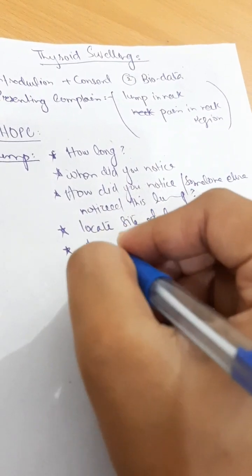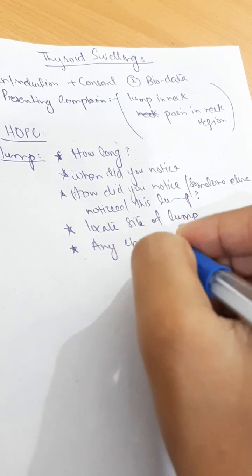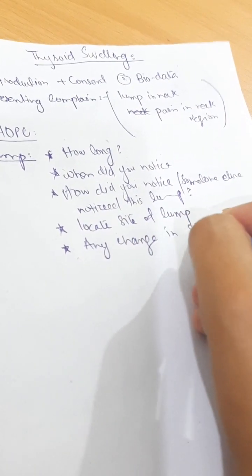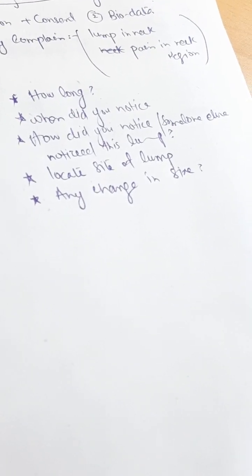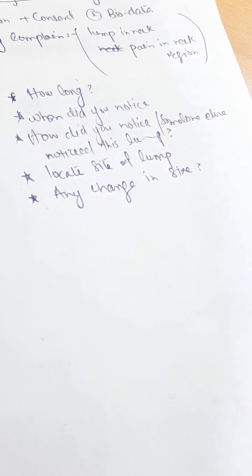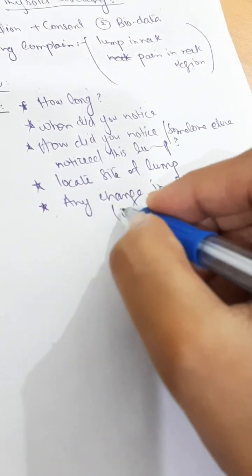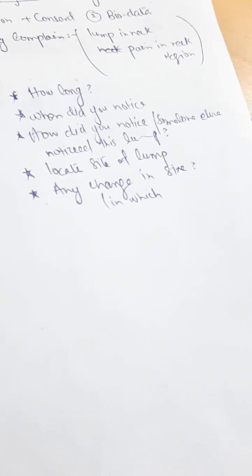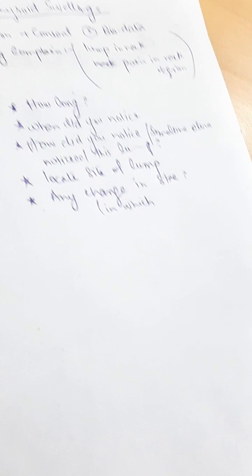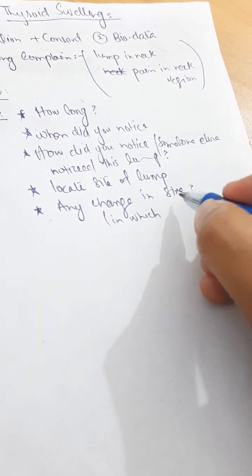Okay, any change in size? Has the lump increased over a period of time, or is it increasing? In which time span? Like the patient has had the lump for 6 months, but the size has been increasing for the last 2 months.